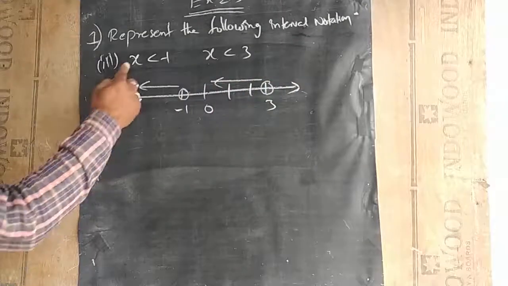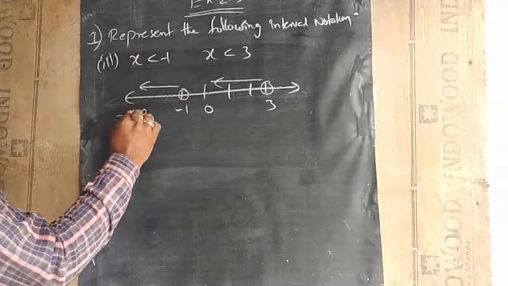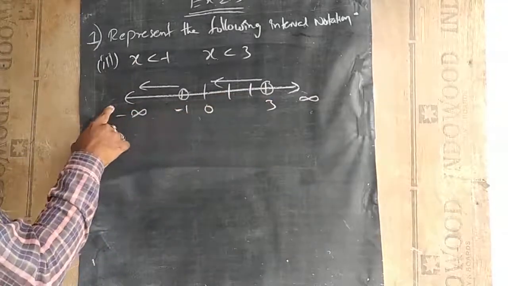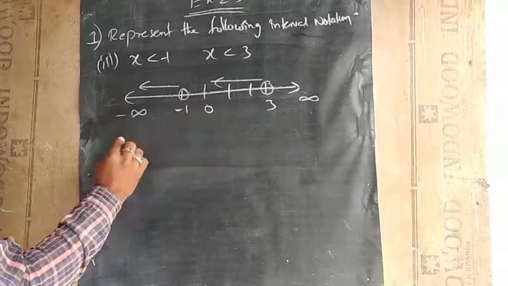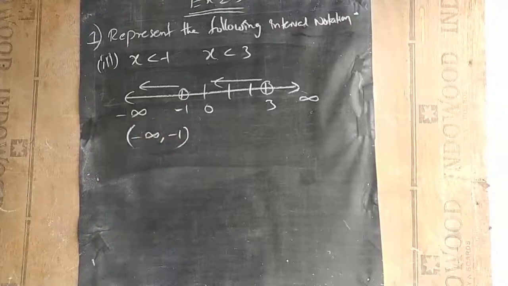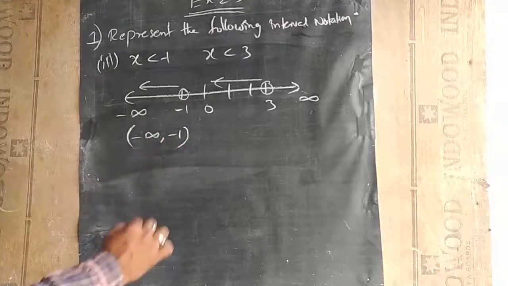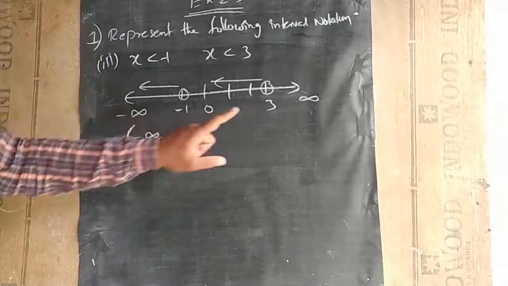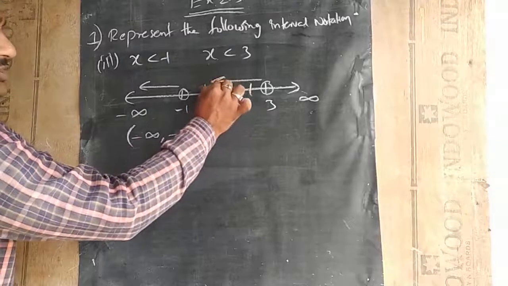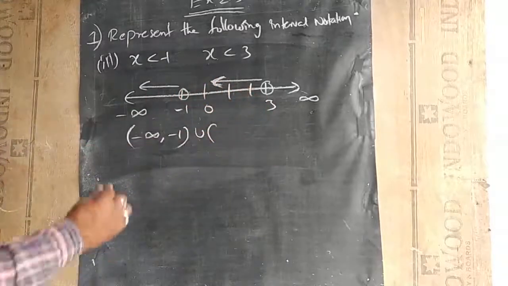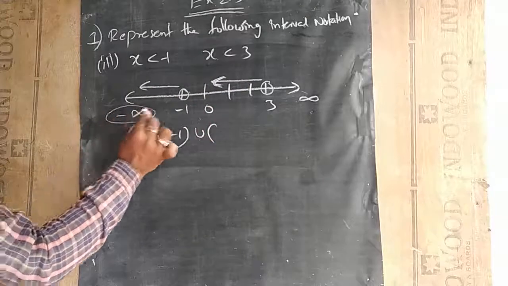So what can be the answer over here? Here minus infinity, here plus infinity. So here minus infinity comma minus 1, both are open intervals. Union. Here also, since our arrow is showing in this direction, we have to consider the smallest number.